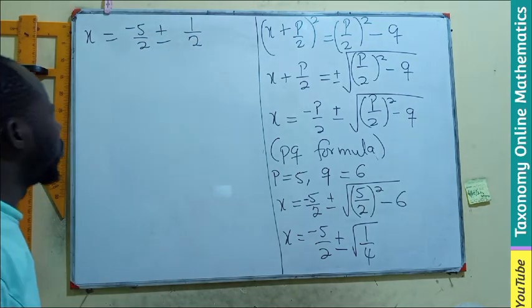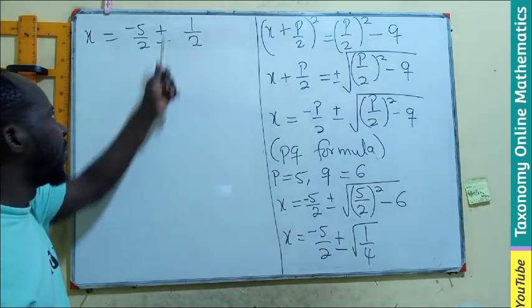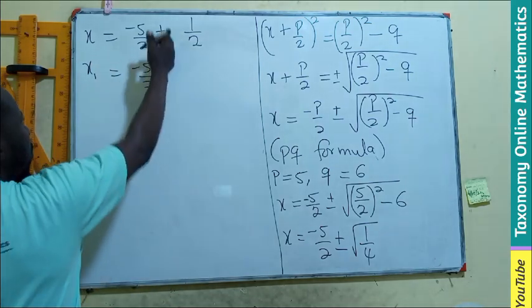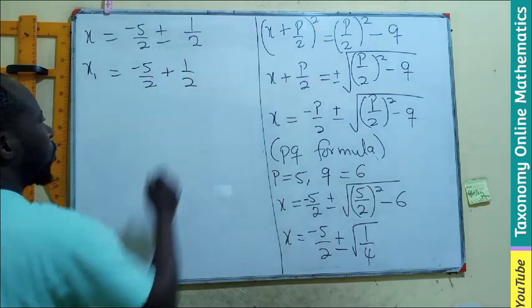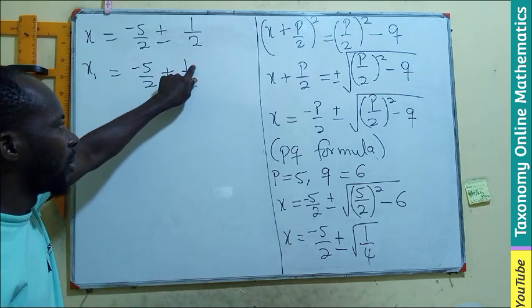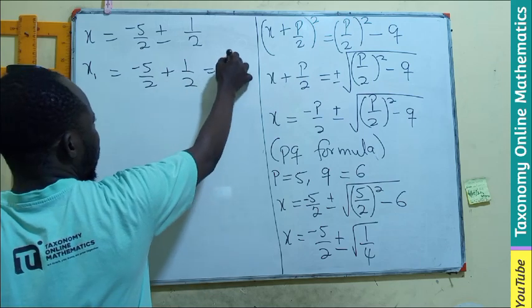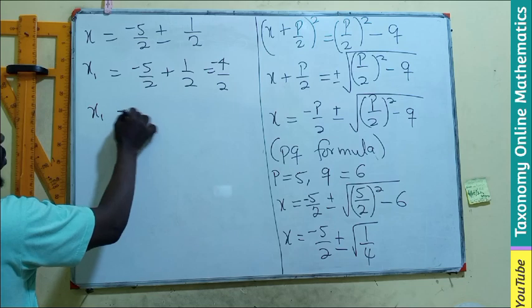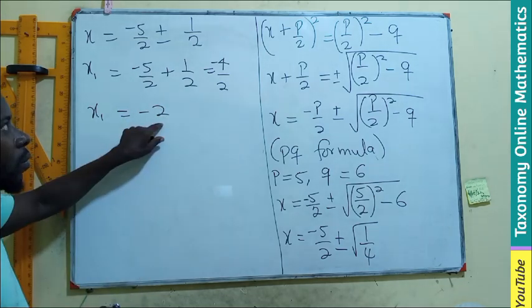In this, we are looking for two values because of the positive and negative. So the first value of x will be minus 5 over 2 plus 1 over 2. The same denominator, so minus 5 plus 1 will be minus 4, divided by 2, giving your x1 to be minus 2.